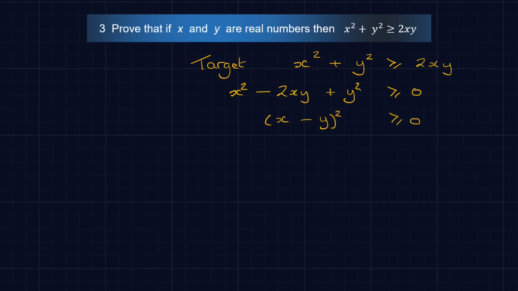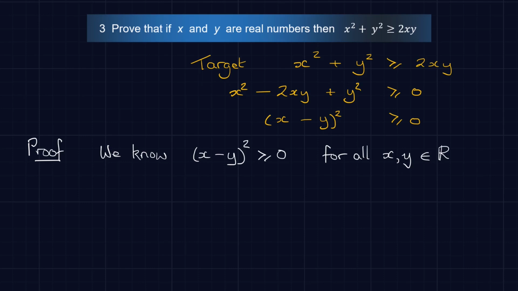So here we have the makings of our proof, but it's in reverse. So we can start by stating (x minus y) all squared must be greater than or equal to 0 for all real values of x and y. Then multiply out the bracket, add 2xy to both sides, and we have our proof.